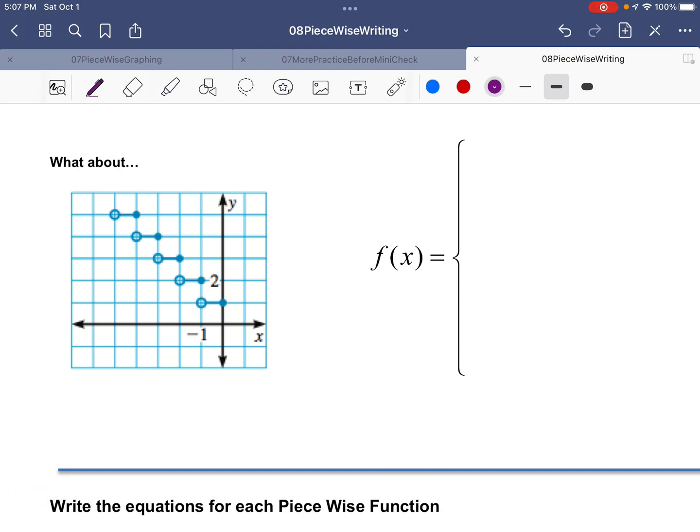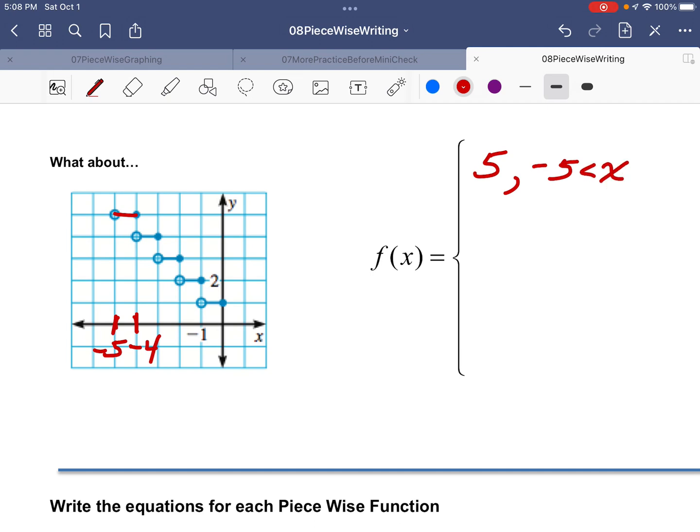How about this one? Kind of look familiar, perhaps? Like a step function. When you have a step function like this, you just want to realize that each one of these steps, its equation is just a number. And the x values that are being used are, for the first step, -5 to -4.